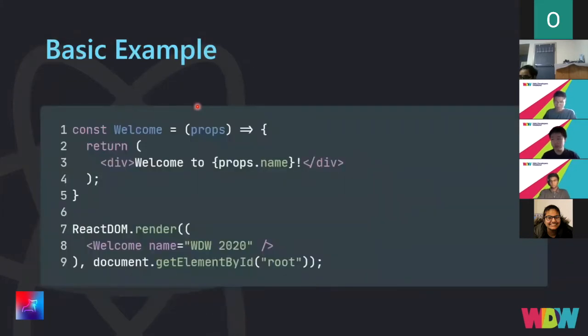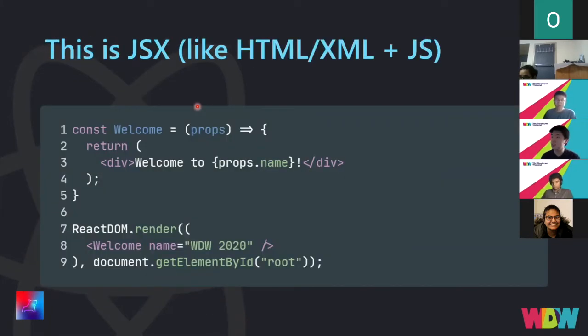So now to a basic example. What exactly does React look like? This is JSX, and JSX stands for JavaScript with XML. It's sort of like HTML with JavaScript, and it lets us define some components and use those components as if they were HTML tags.